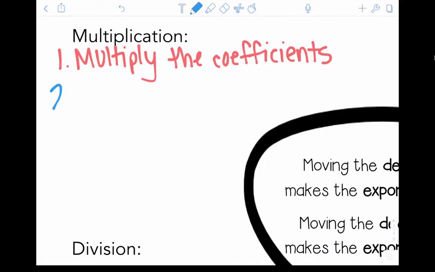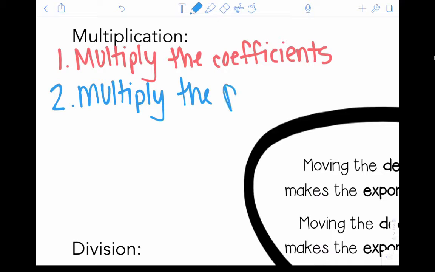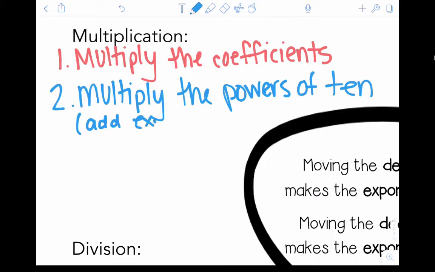Next, we're going to multiply the powers of 10. The powers of 10, I'm talking about the number that is 10 to the exponent. So that's the other part of the scientific notation. When we do this, we're going to add the exponents.